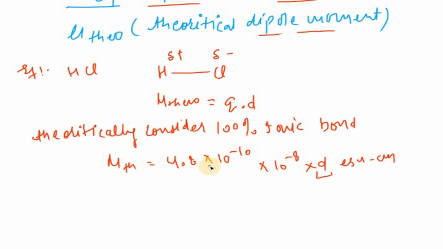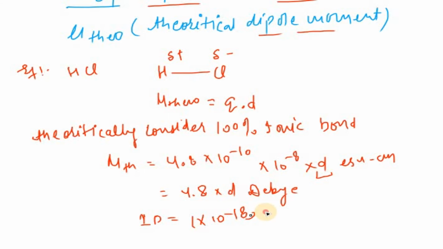So here 4.8 into 10 to the power minus 10 ESU times the distance, and it will be like 4.8 into D, that is in Debye. We know 1 Debye equals 1 into 10 to the power minus 18 ESU centimeter. That's how we calculate the theoretical dipole moment.